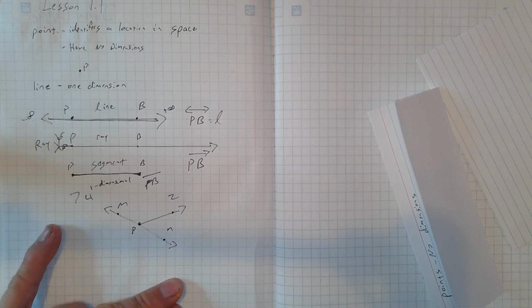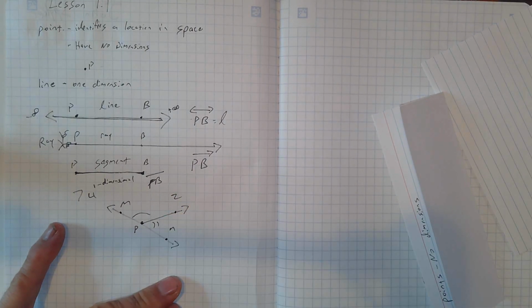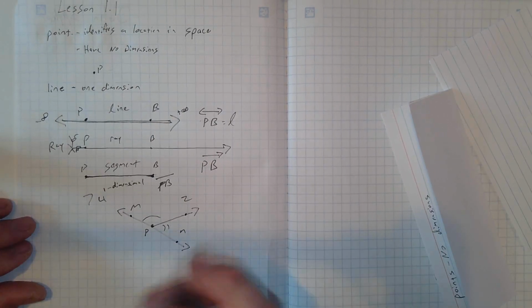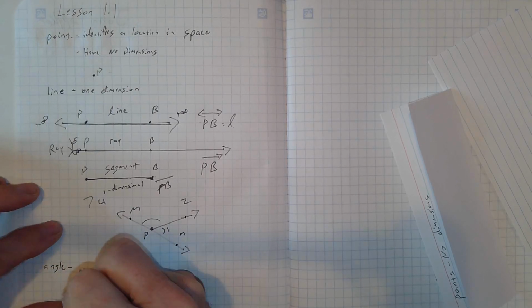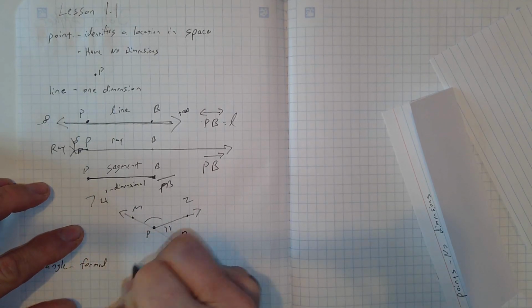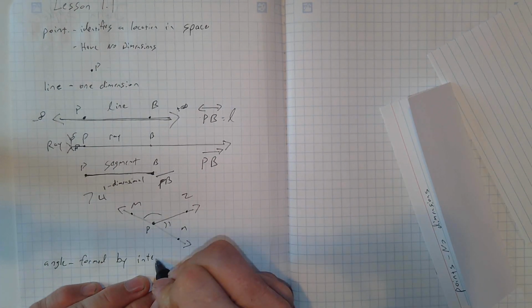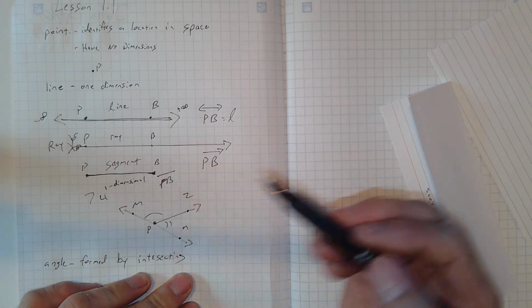at point P. Okay, and it makes 2 different angles. All right, so an angle is formed by intersecting lines, rays, or segments.